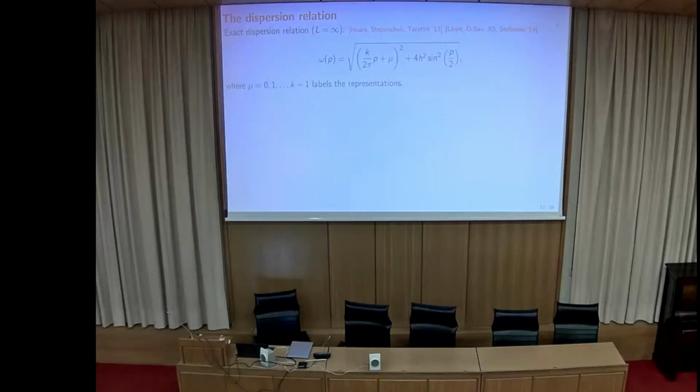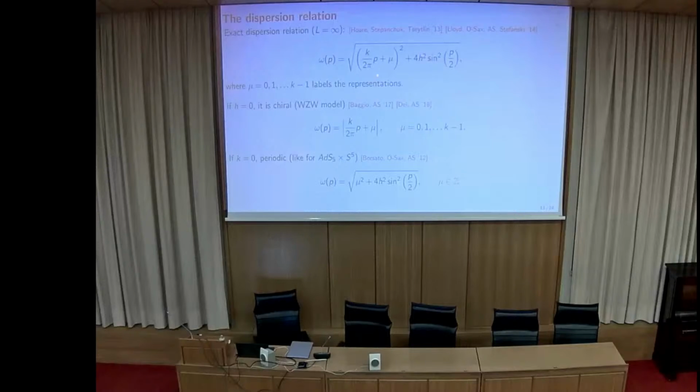So in particular, if I take h equal to 0, the dispersion becomes linear. And that fits very well with the fact that the total energy depended only on the sum of the mode numbers in the Wess-Zumino-Witten model. If I take k equal to 0, I get something like this, which is a lattice dispersion in a sense, and it's also very similar to what you have in AdS5.